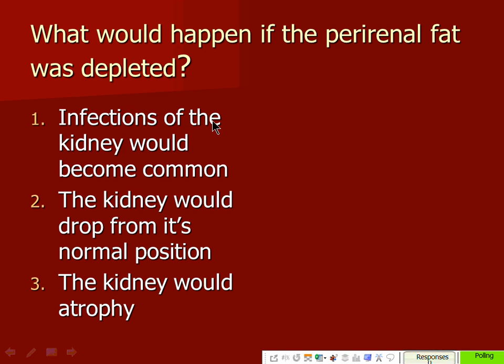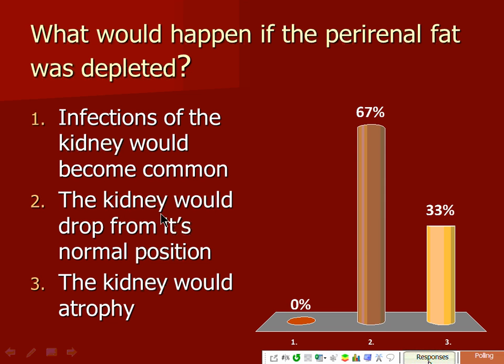So what do you think would happen if the perirenal fat were depleted? Yes, the correct answer is the kidney would drop from its normal position. Remember, it anchors it and it protects it.